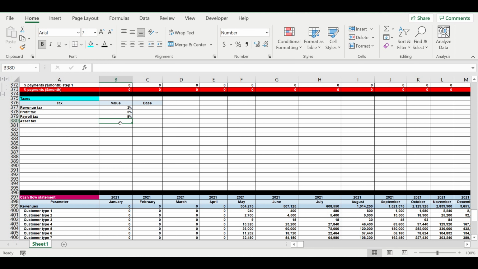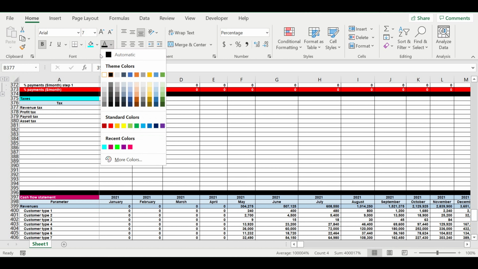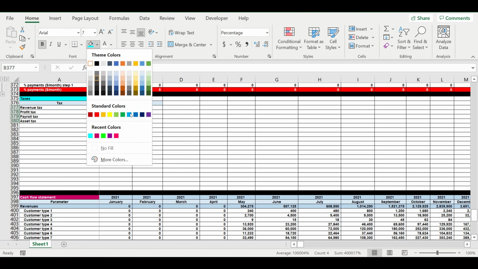For asset tax, for example, we will have $4,000 per month. So this will be the input, so we mark it with the specific color that goes with all of our inputs.